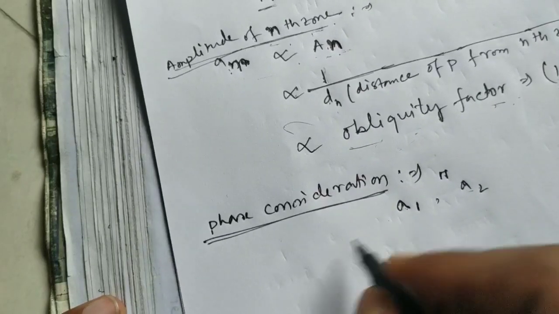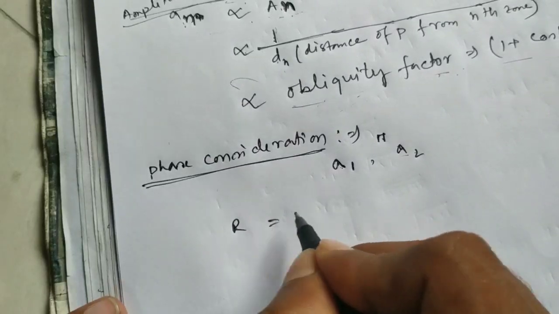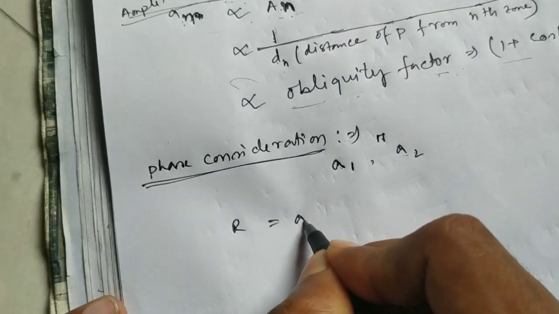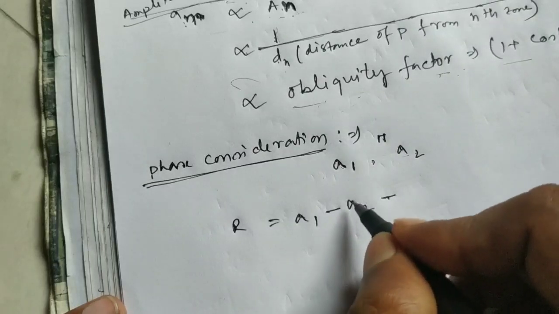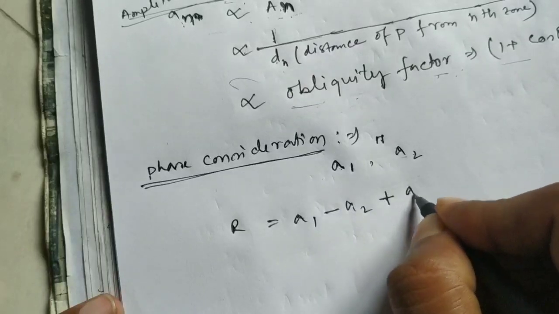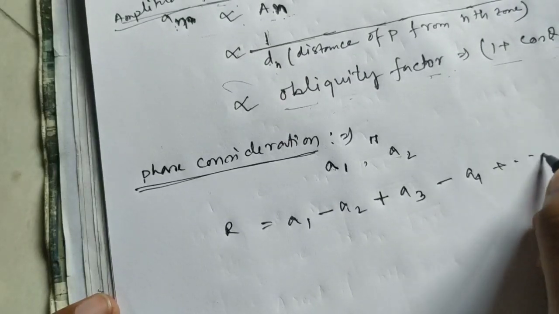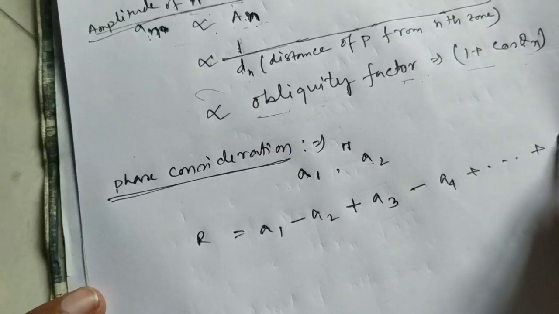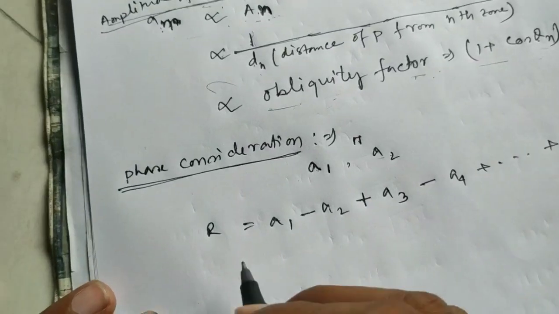So the resultant disturbance at P is R equals A1 minus A2 plus A3 minus A4 and so on, plus or minus An.